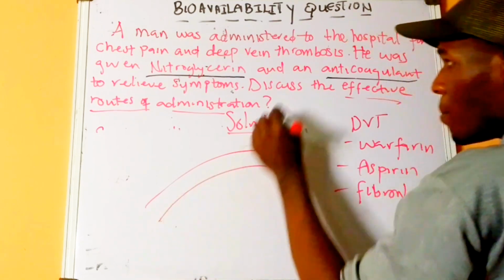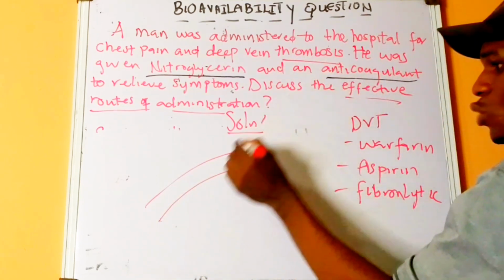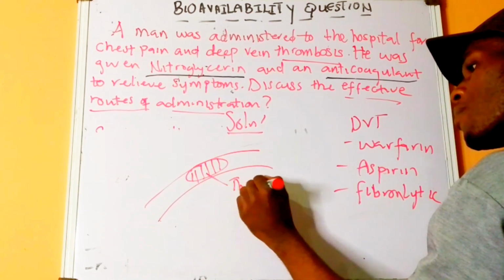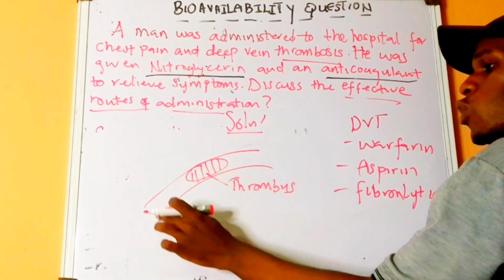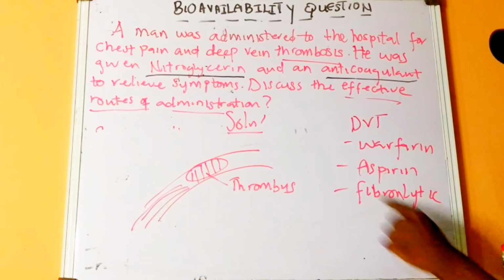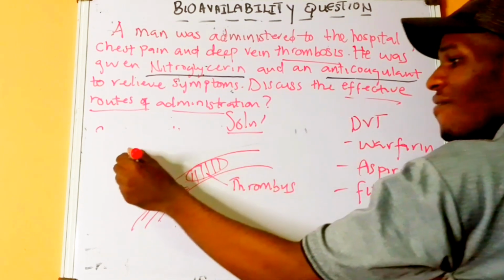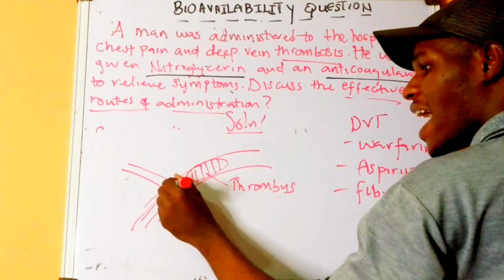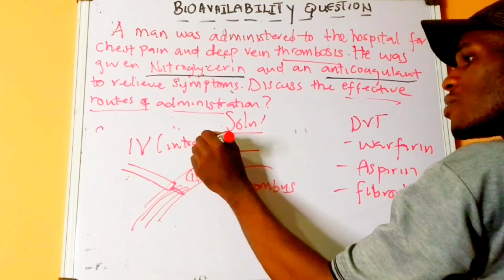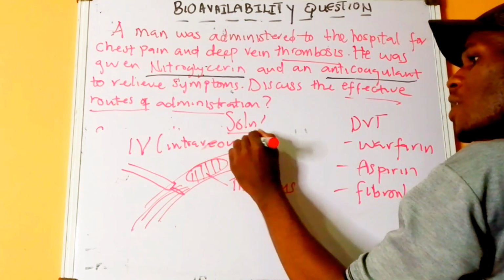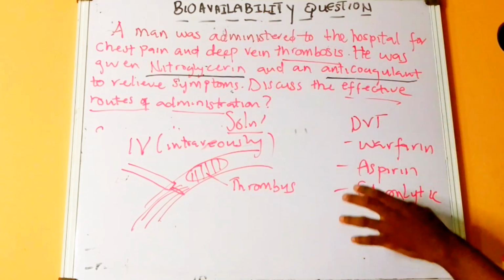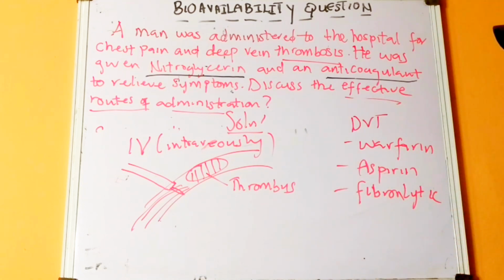Thrombosis is when there's a thrombus occluding blood flow in the vein. So you want to give an anticoagulant intravenously, by any of the injectables, IV. That is the most effective route, for it to have the highest bioavailability possible and for you to get the full therapeutic value of the drug.